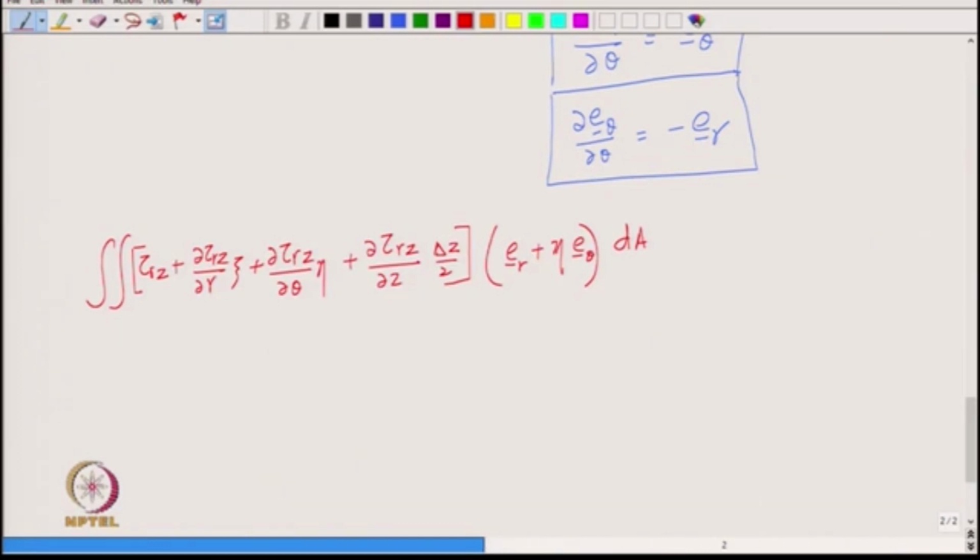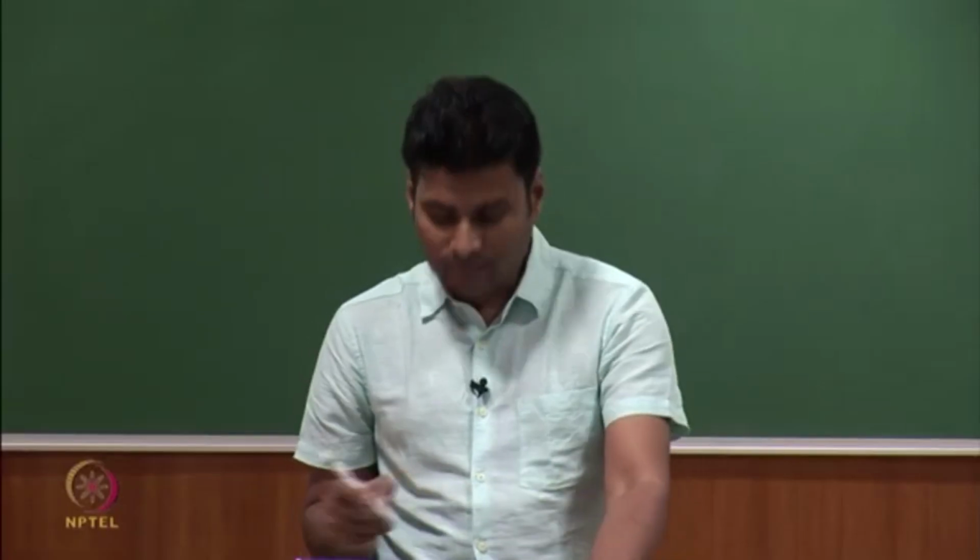Suppose I do first bracket into E r only. So, when you work this out, just as earlier, two of the terms will survive here and the rest will be 0, right.